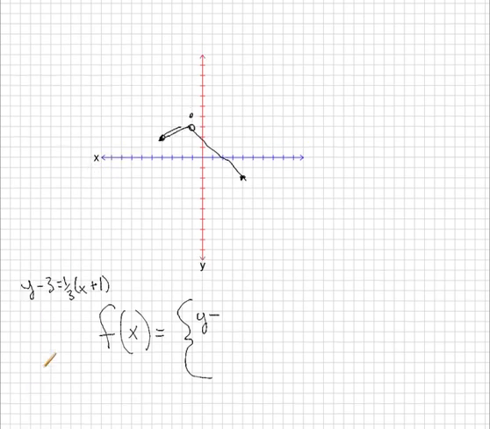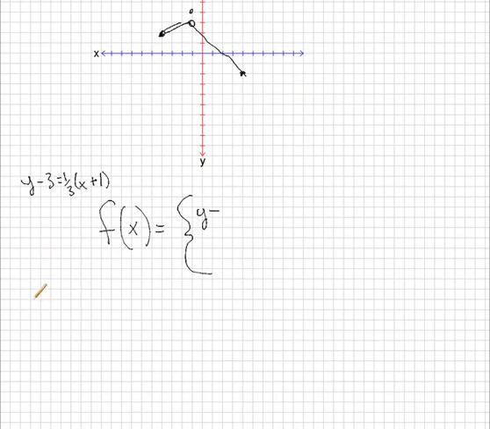And then if we put it in y equals mx plus b form, it's going to be 1/3 x plus 10/3, because I added the 3 to both sides and then got a common denominator. So I'm going to just write it as 1/3 x plus 10/3.